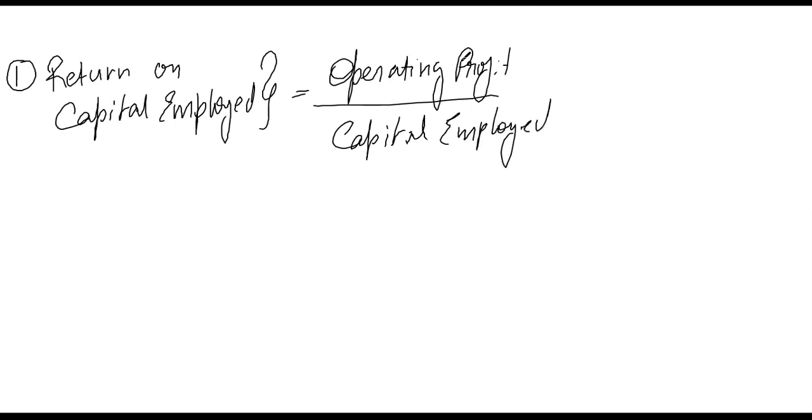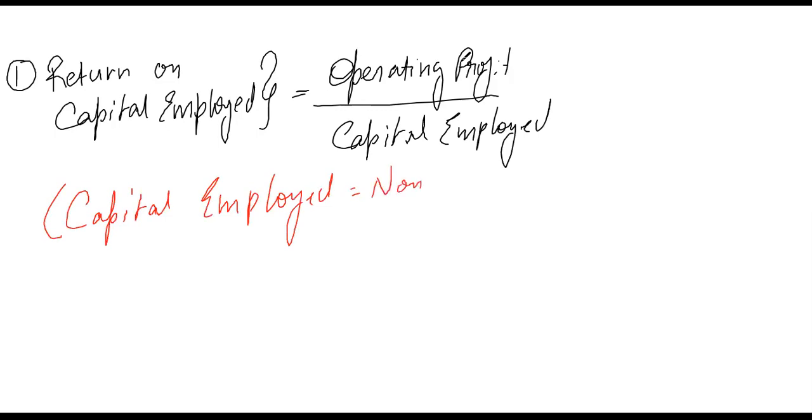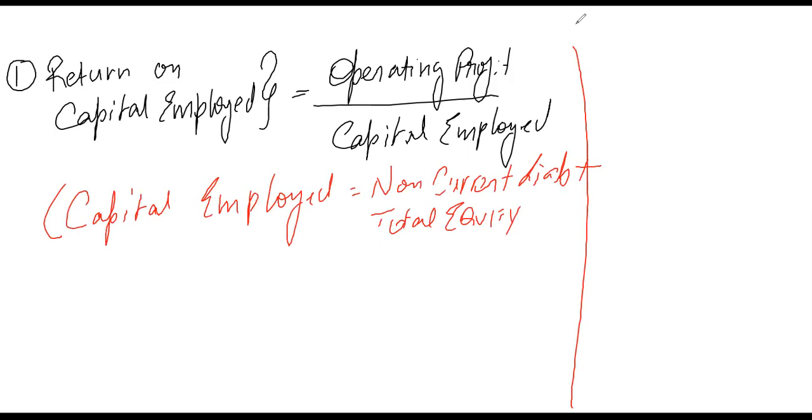And remember one thing, we can calculate capital employed by adding up the non-current liabilities together with the total equity. So this is our first formula that we had seen in the last class, and we know well how to comprehend this formula.